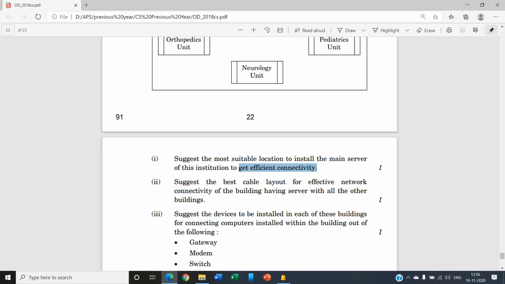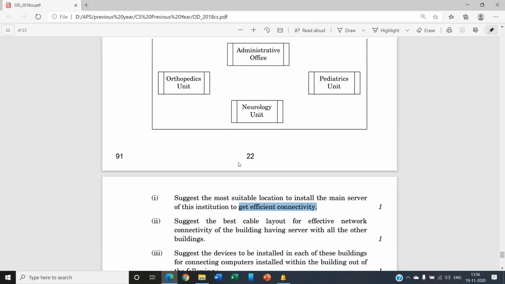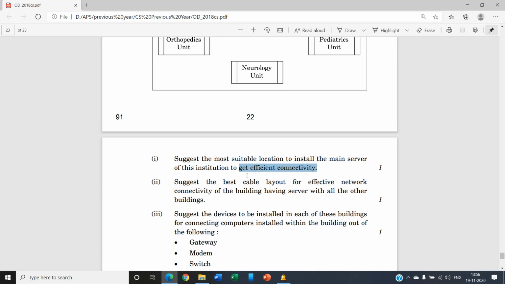That is only possible when we use a star topology, keeping the most number of systems at the center. I think 140 systems are in the administrative block, so this must be the center, and every building should be connected to the administrative office only. So the star topology will be the best and most efficient way to connect all these buildings.